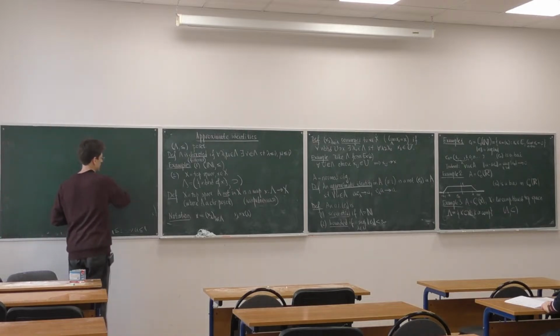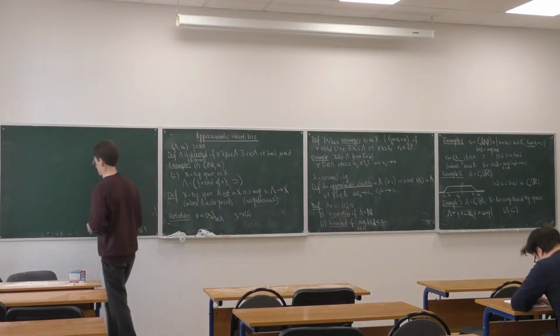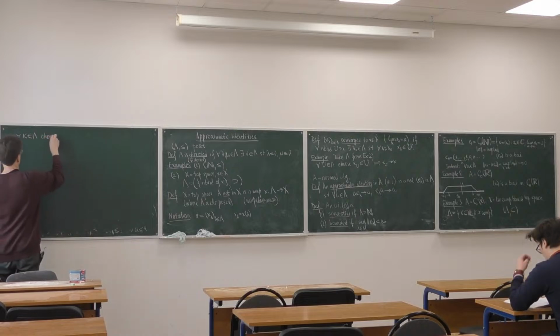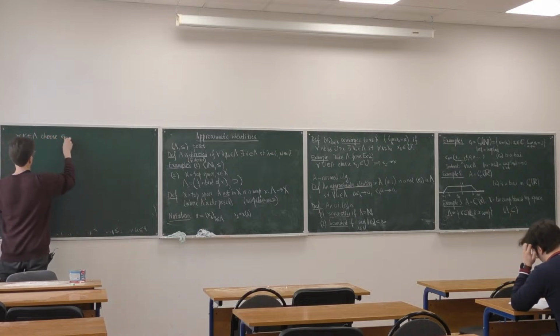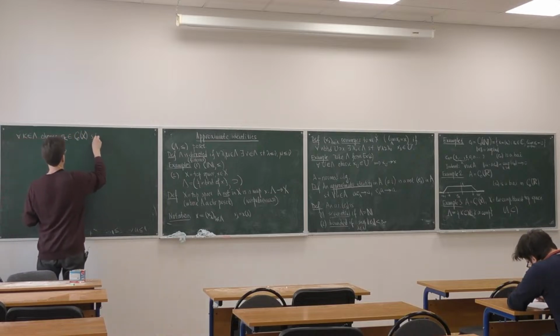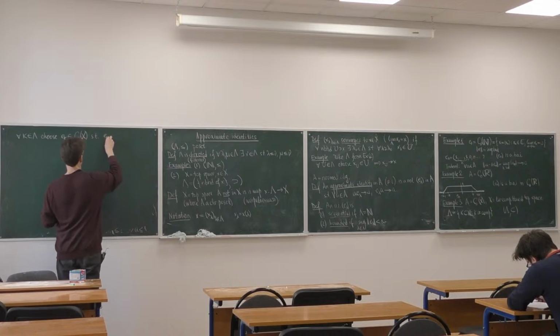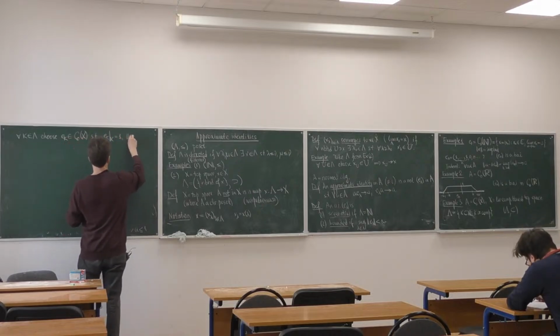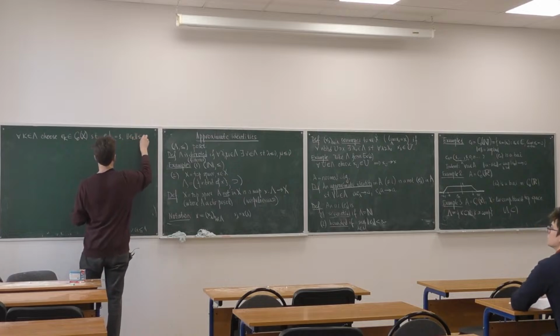And now for every such compact subset K, we choose a function e_K in C0 of X such that it is identically 1 on K, and such that its supremum norm is less than or equal to 1.